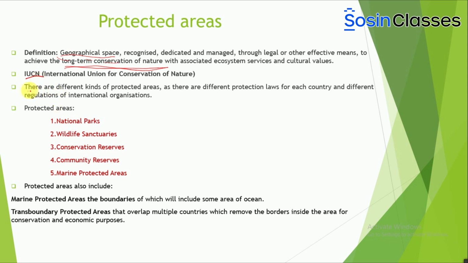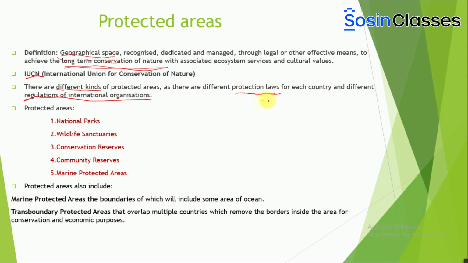In the world, there are different kinds of protected areas. Why are there different kinds of protected areas? The two main reasons are that world geography is so unique and eclectic that different countries follow their own protection laws, and different international organizations put in different regulations for conserving nature.